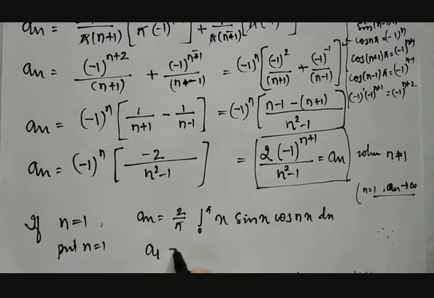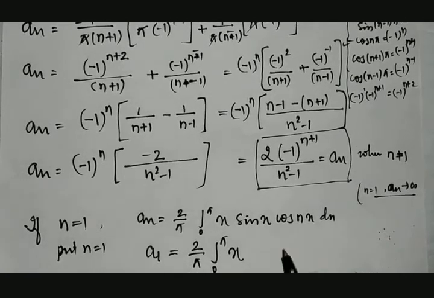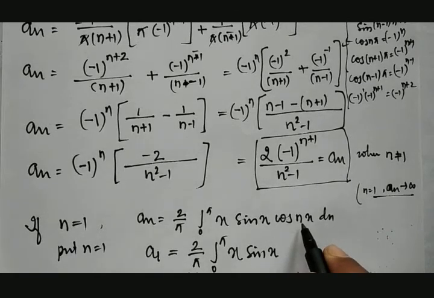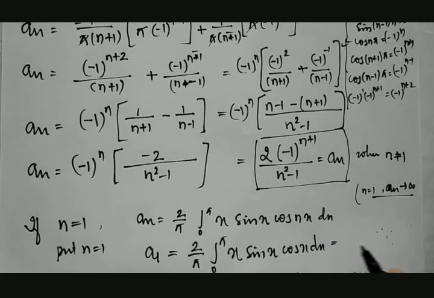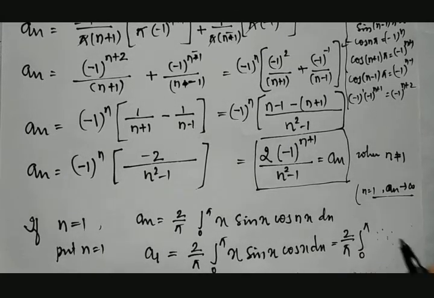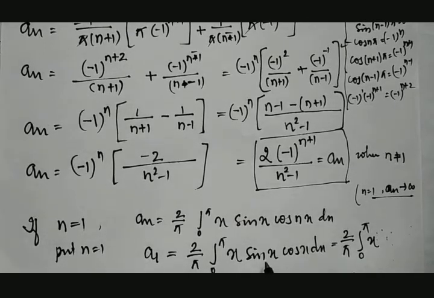So put n equal to 1 here. Then it becomes a1 equals 2 divided by pi integration between 0 to pi x into sin x into cos nx, but n is equal to 1, so it is into cos x dx. So 2 divided by pi integration between 0 to pi x into, we know that sin 2x is 2 times sin x into cos x.